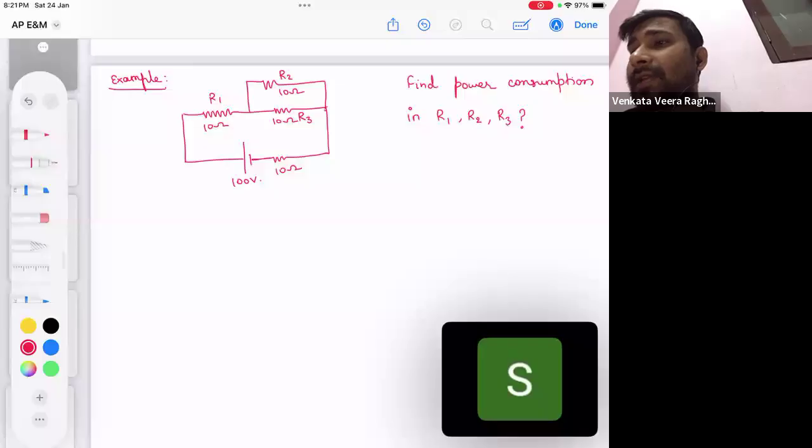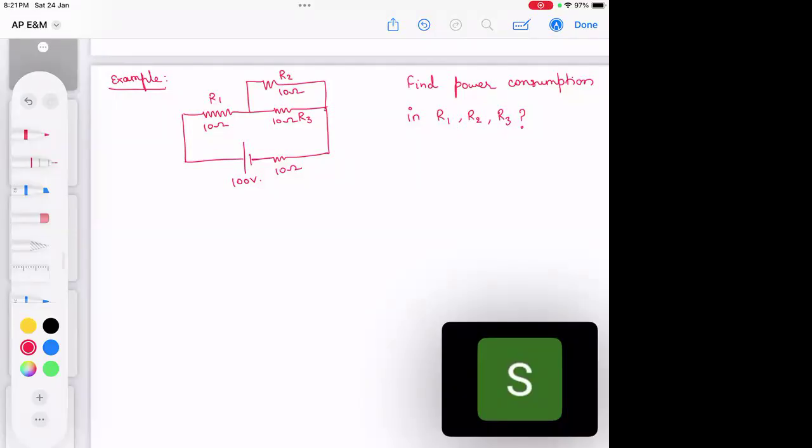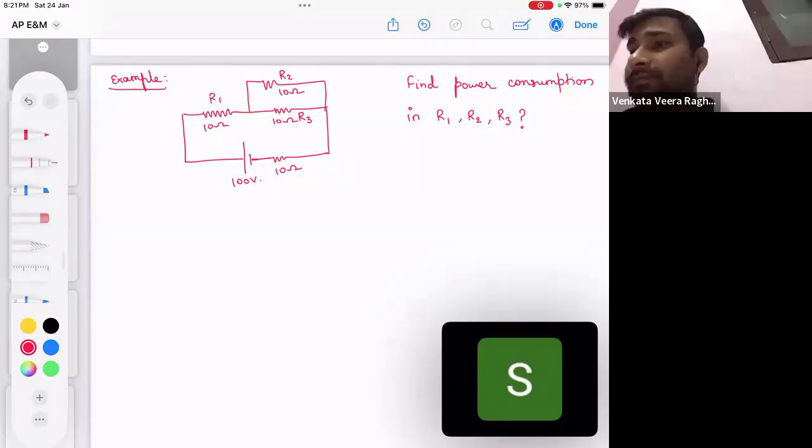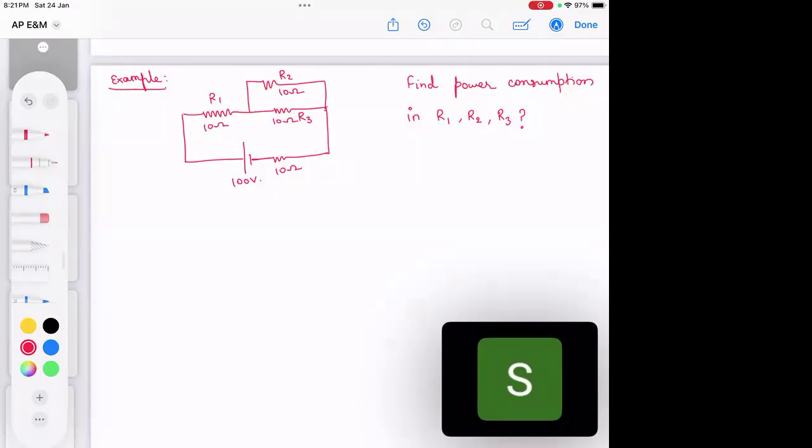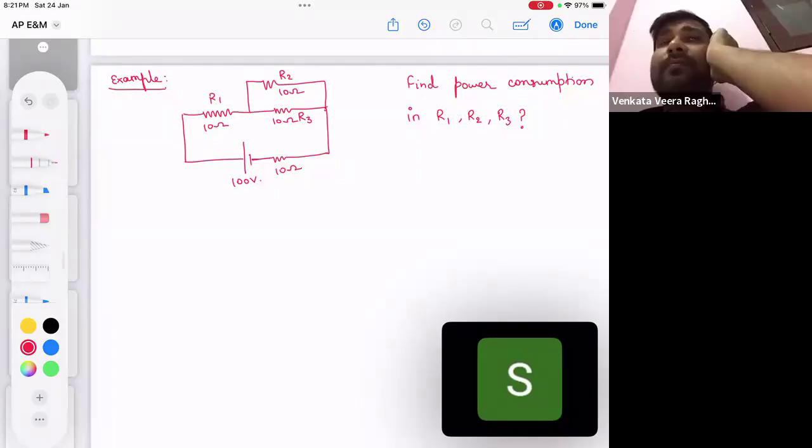So please tell me how much this is coming. Sir, R1 power is 160 volt. R1 power is how much? 160 what? Watt. No, power unit will be watt only, no? Yes, sir. Let's check it.